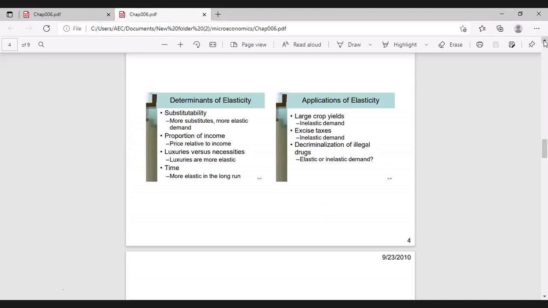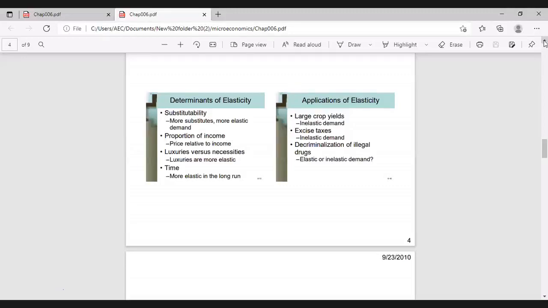Now if you see candies, chocolates, there are many varieties of chocolates. So if the price of one particular chocolate is low, then they will buy more of it, because this chocolate becomes relatively cheap. The other chocolates become relatively expensive.